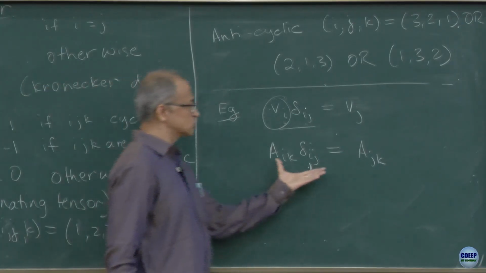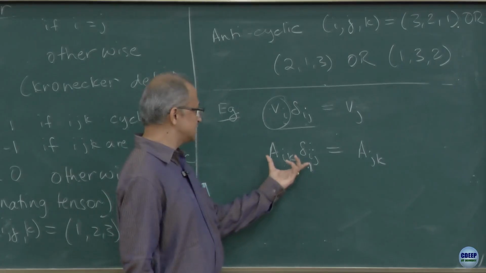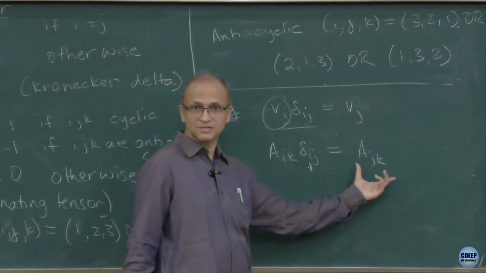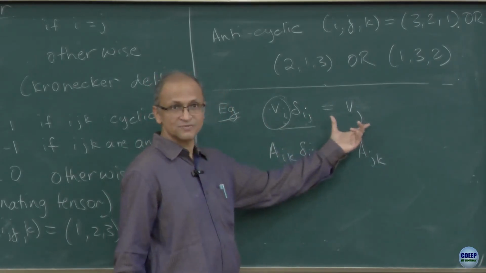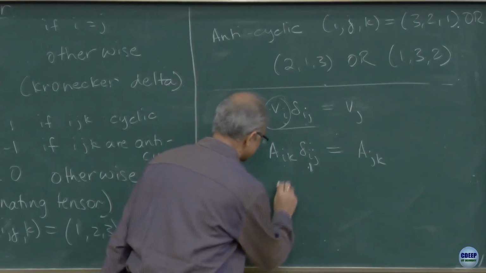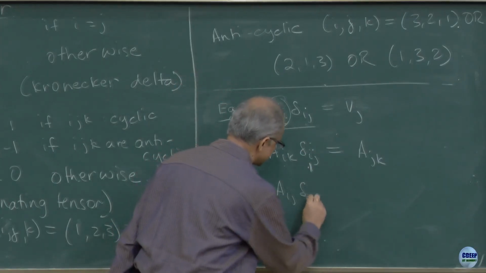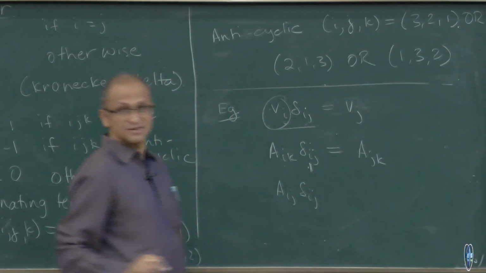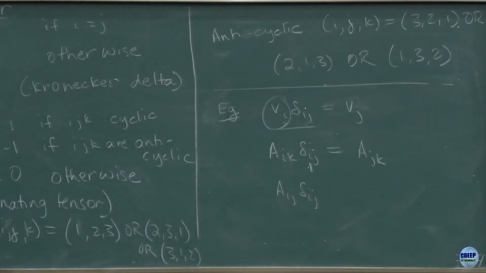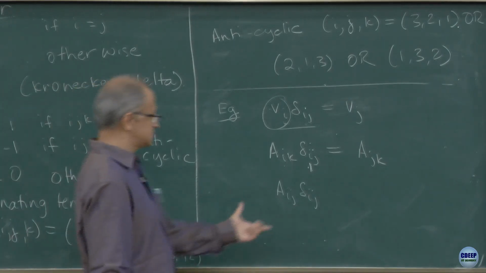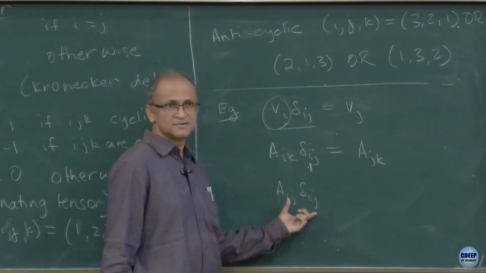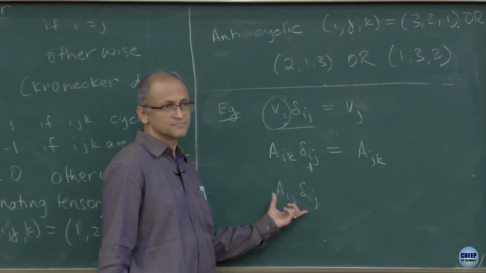And we can check what sort of quantity this is. Again, it's a second order tensor here, and a first order vector here. If I say Aij delta Ij, what happens now? Same thing, right? What sort of a quantity is this? Scalar, no free indices.